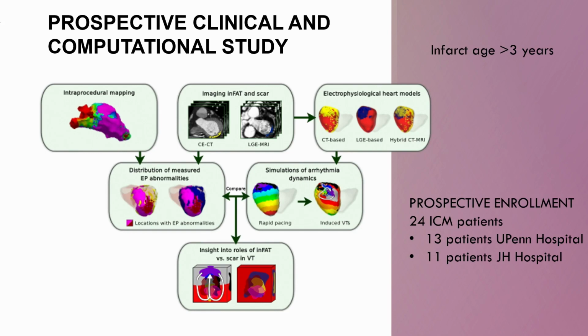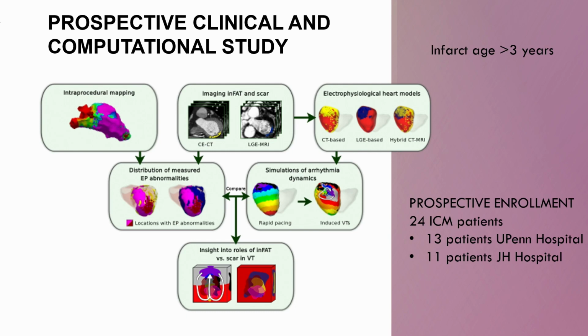And for this paper, we had 24 ischemic cardiomyopathy patients. And it is really a cute study because the patients received both CT and LGE MRI. And then we were able to generate models, digital twins, actually fully dynamic representations of the effect of penetrating fat and the effect of scar and the hybrid contributions in these virtual hearts, and then study what is happening in these substrates.